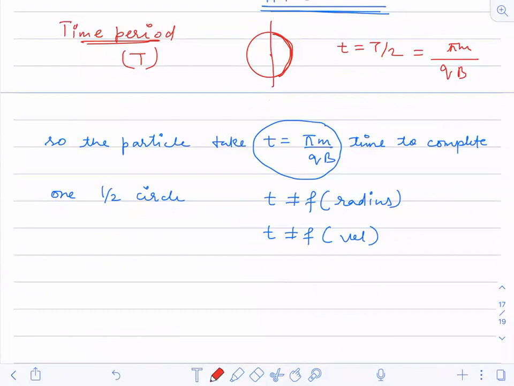Just see here. If a particle is making one complete oscillation, this is the D only. I have drawn the D also.